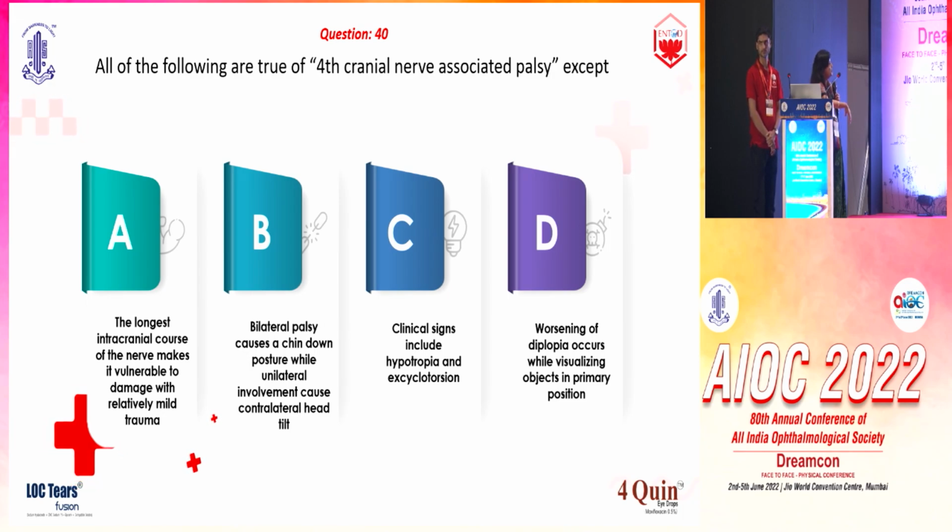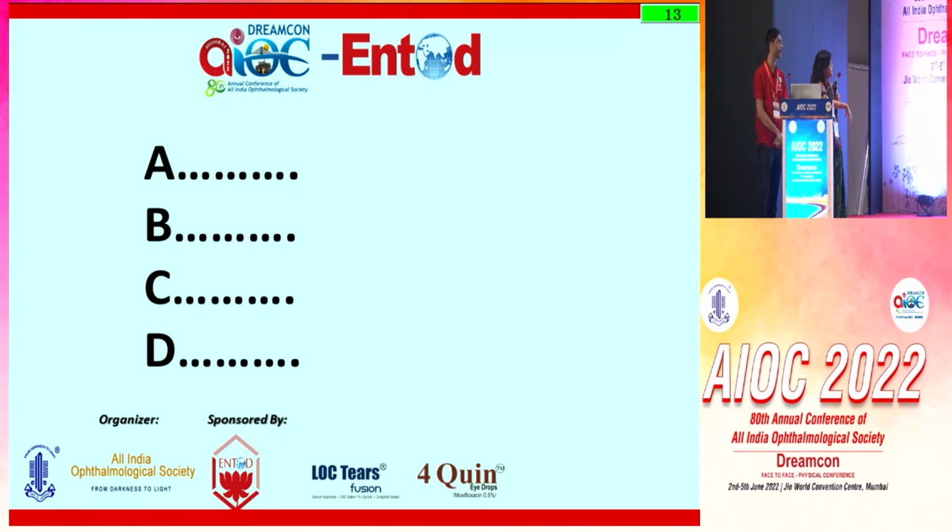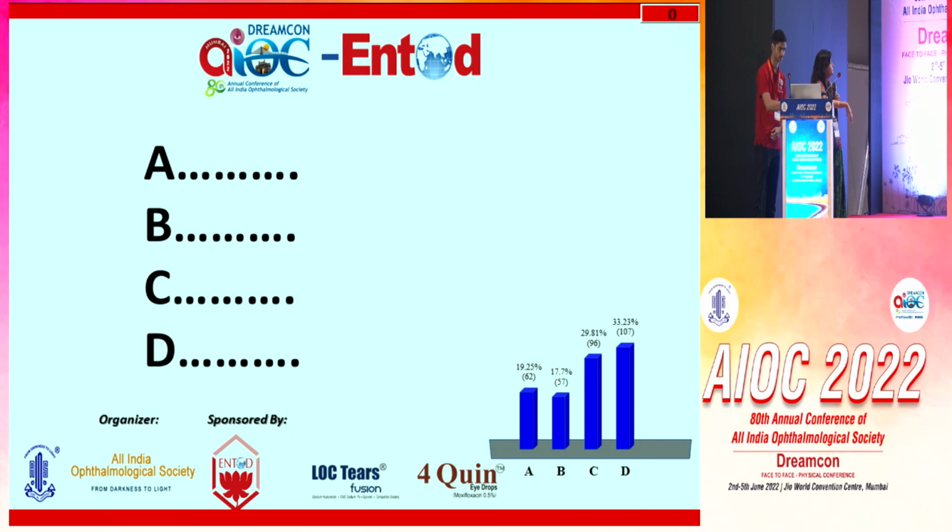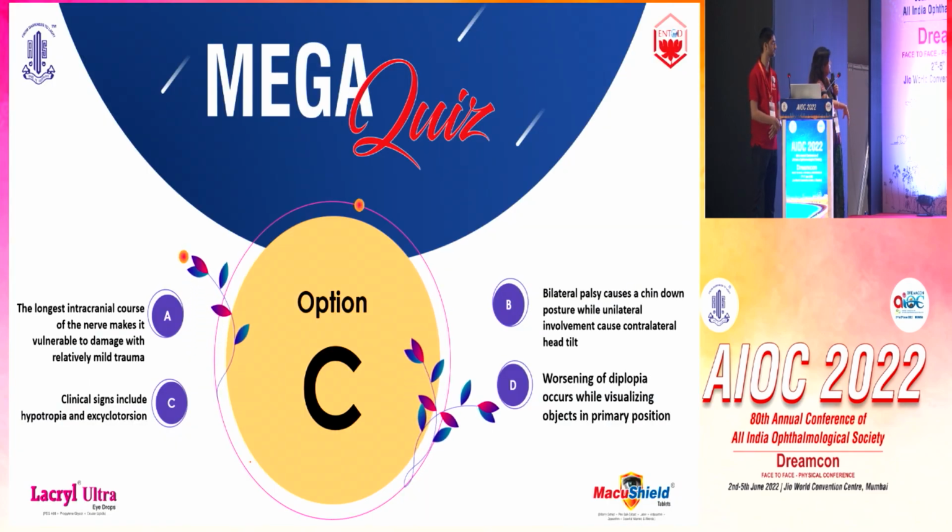Worsening of diplopia occurs while visualizing objects in the primary position. Again, I think this is a fairly simple question which all the postgraduates should be able to answer. This was unexpected. Anyway, the answer is C.